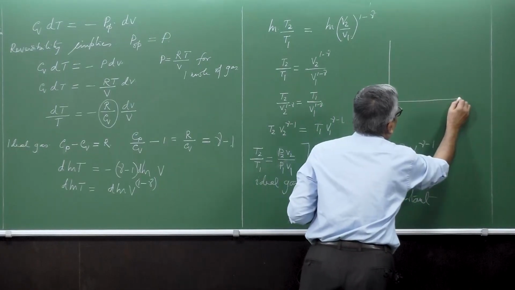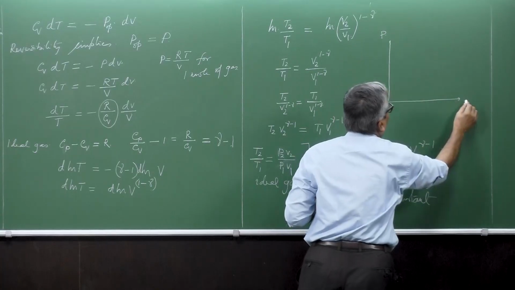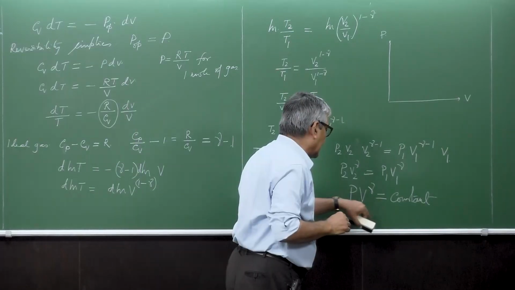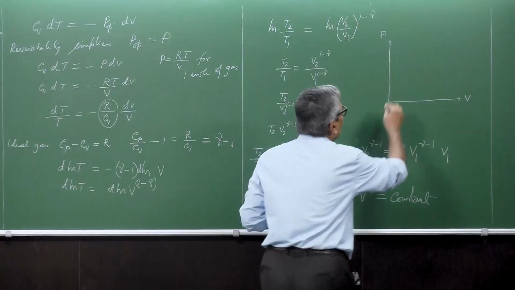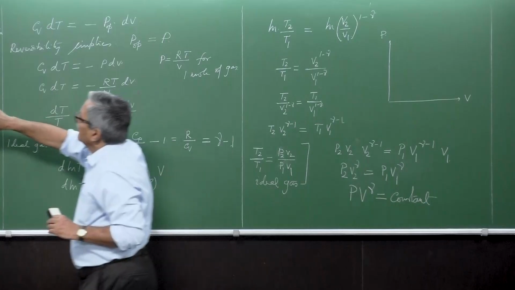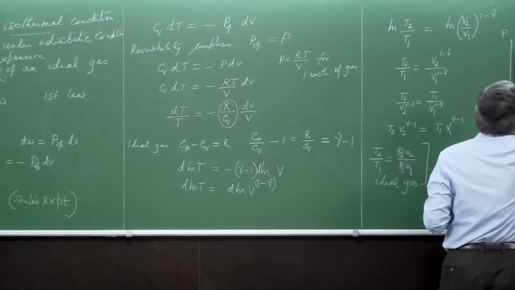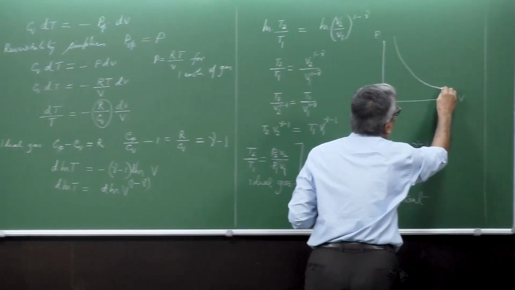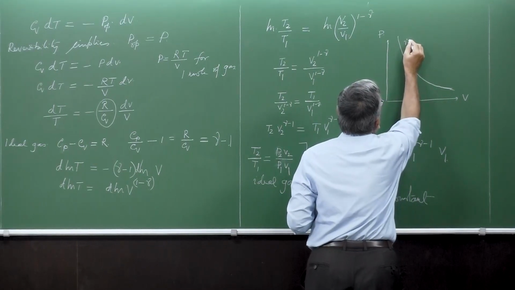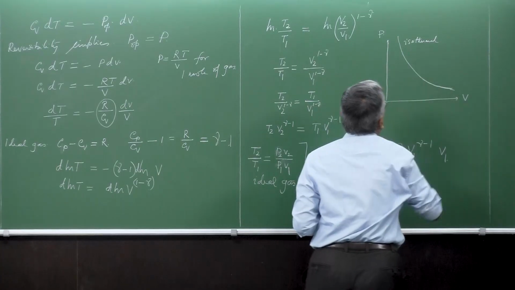So if you compare the pressure volume curves, for the isothermal condition, P varies as 1 by V, which is basically a rectangular hyperbola. That is the pressure volume relation for the isothermal condition.